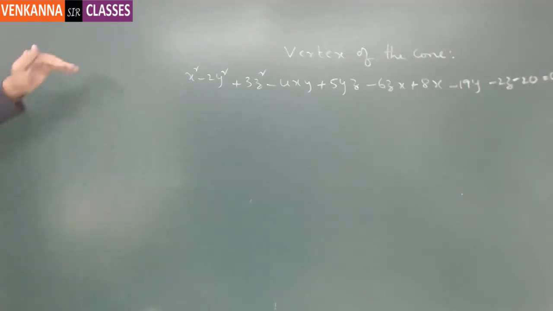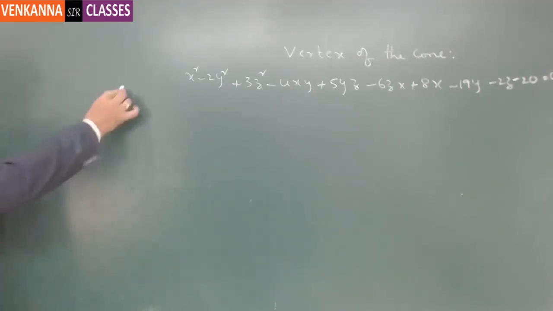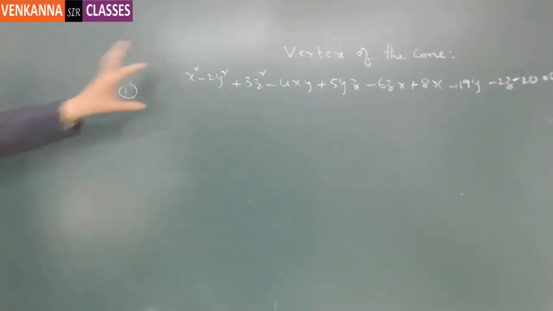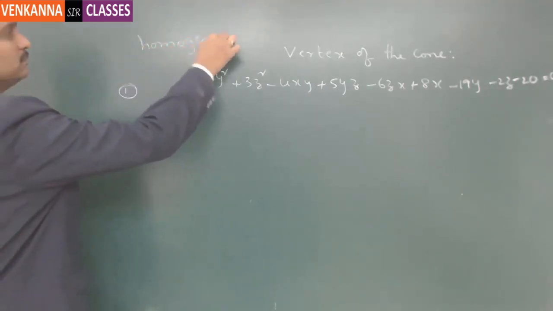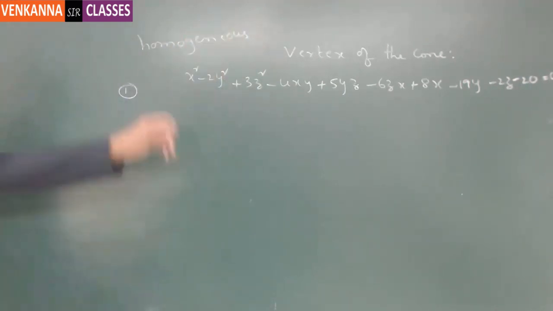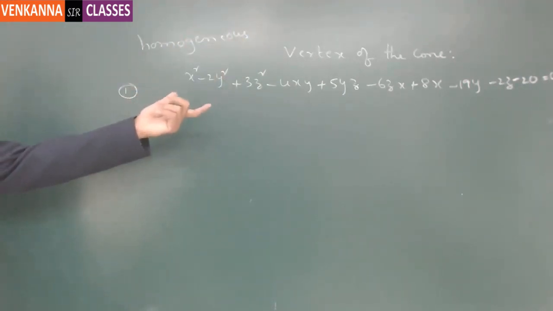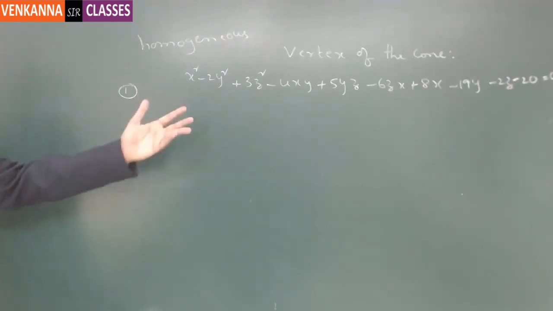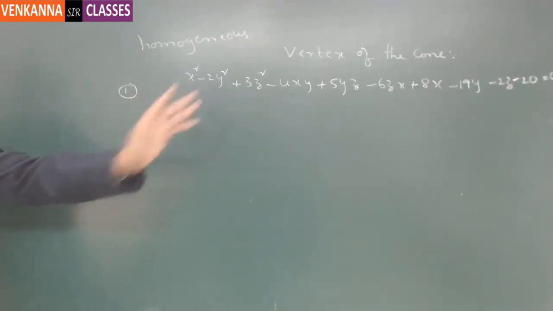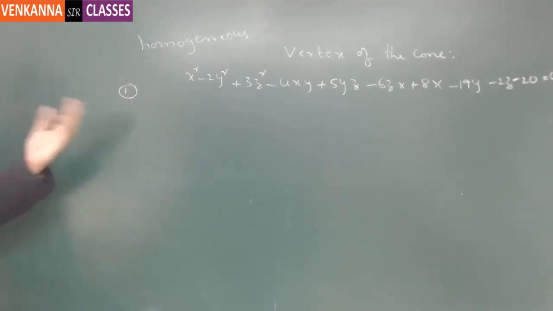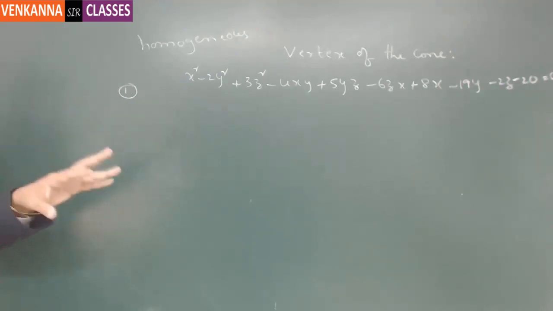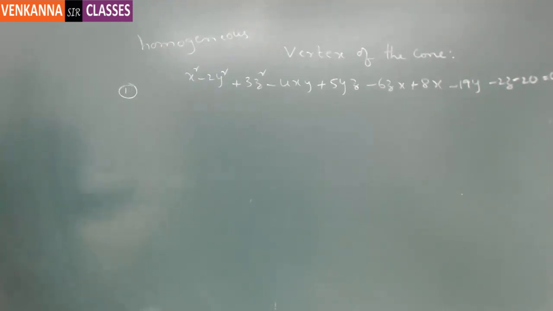Now, if you review the steps, what is the procedure behind it? The first thing we have to do is make it homogeneous, so that every term in this equation will have the equal degree. In one way we can understand that we are shifting the origin. We are shifting the vertex of the cone to origin. The idea here is we are making it homogeneous by introducing an auxiliary variable.